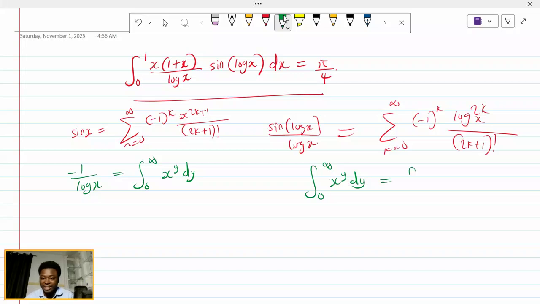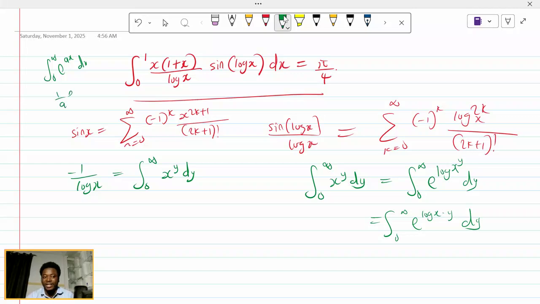Basically we write this as the integral from 0 to infinity of e to the logarithm of x to the y, then dy. You could write this as the integral from 0 to infinity of e to the log x times y dy. Now, this is basically like the integral from 0 to infinity of e to the ax dx, which gives 1 over a times e to the ax.